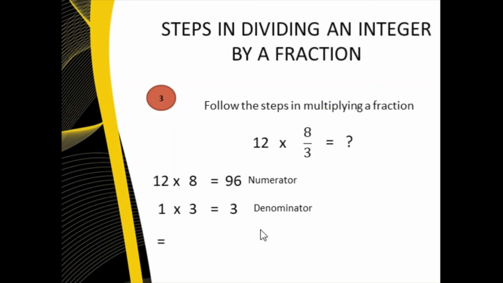So it would be now 96 over 3, or its simplest form is 32. Dividing fraction is just the same as multiplication, but you need to find the reciprocal first. Okay? Reciprocal is that the denominator becomes the numerator and numerator becomes the denominator.